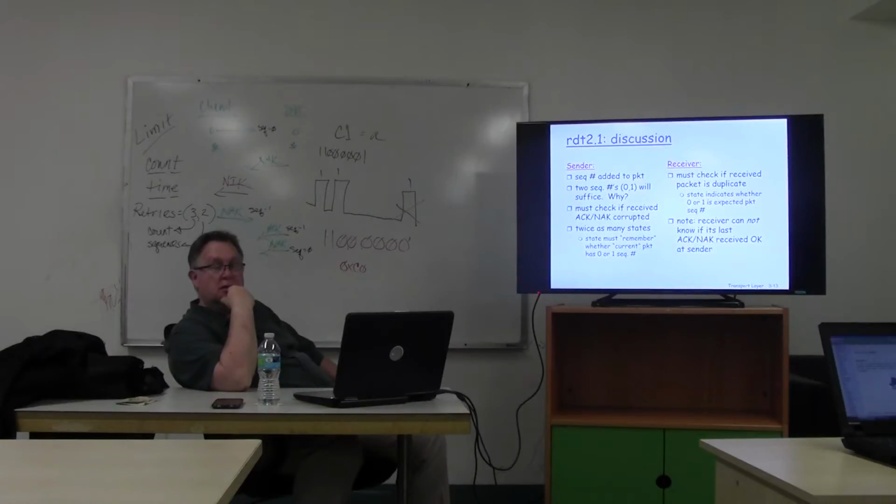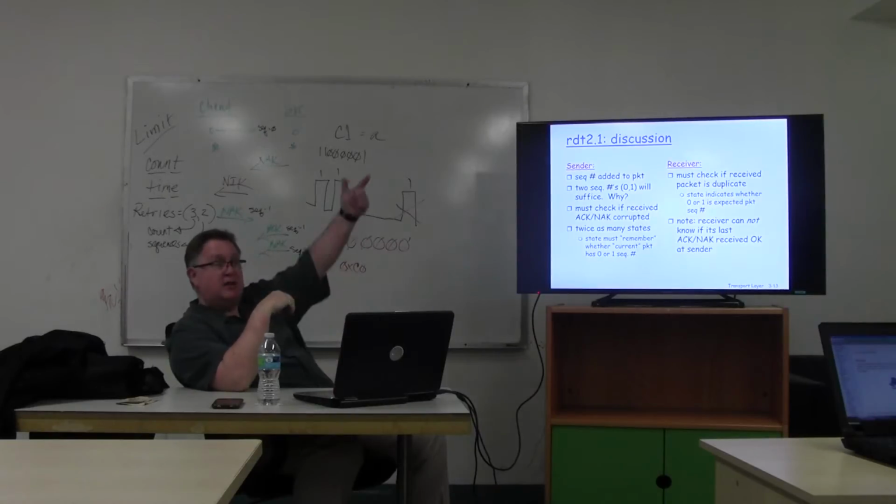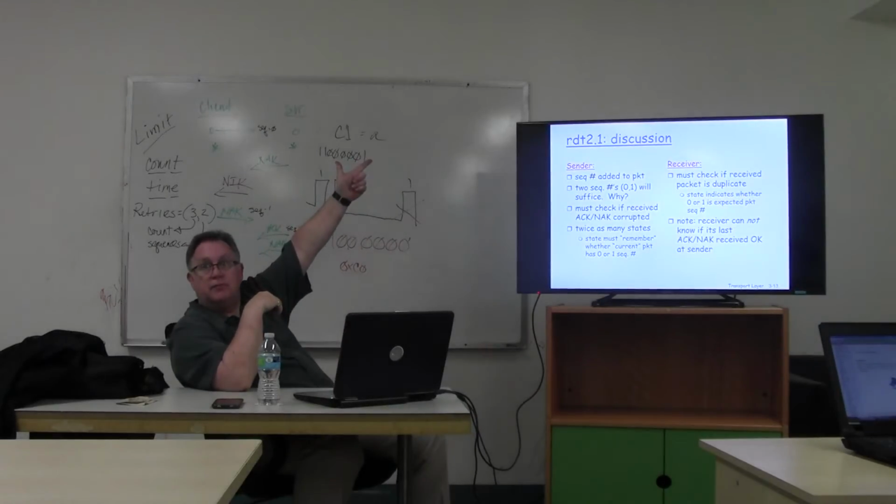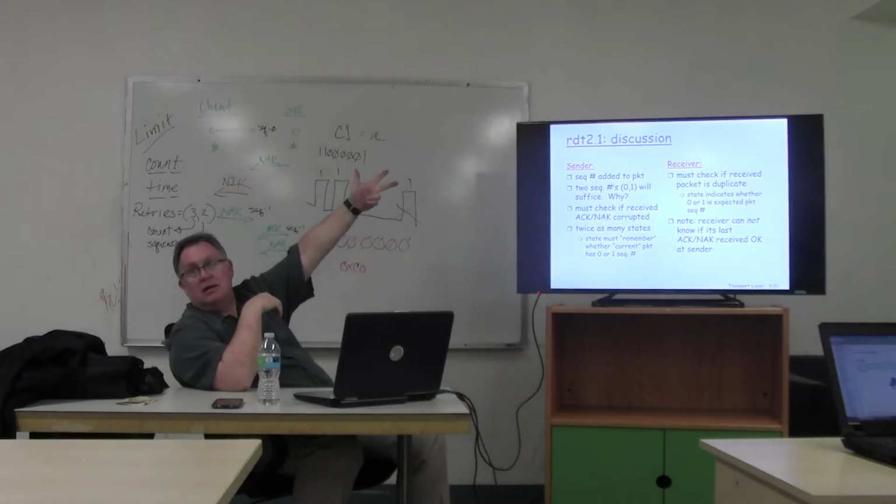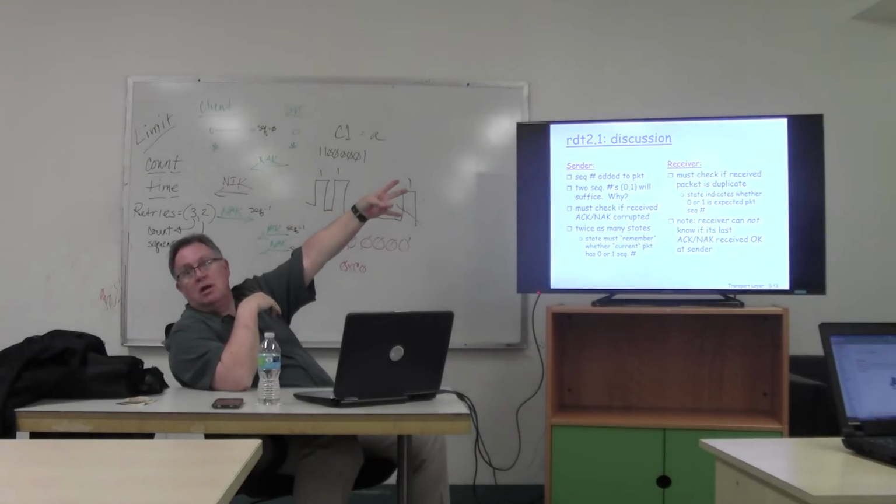Here's the answer. From the receiver side now, I've got a real problem. I don't know which packet is good. I have to keep both packets. I have to NAC that sequence number, and then I have to wait for the arrival of a packet with that same sequence number again.